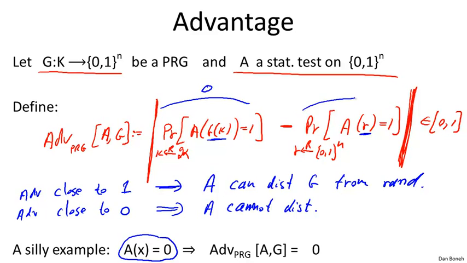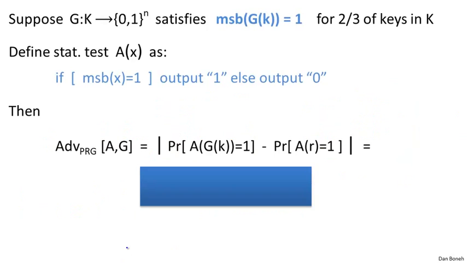Similarly, when we give it truly random input, it still will never output 1, so that probability is also 0. And 0 minus 0 is 0, so its advantage is 0. Basically, a statistical test that ignores its input is obviously not able to distinguish truly random input from pseudo-random input.